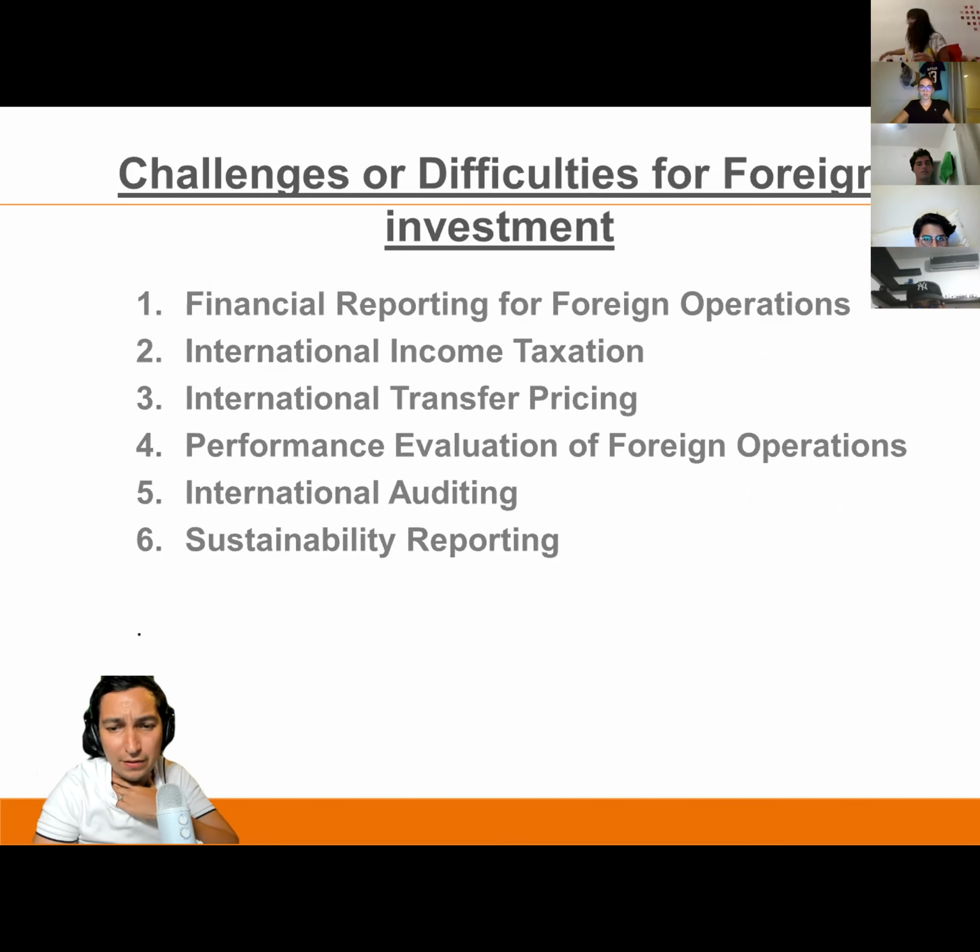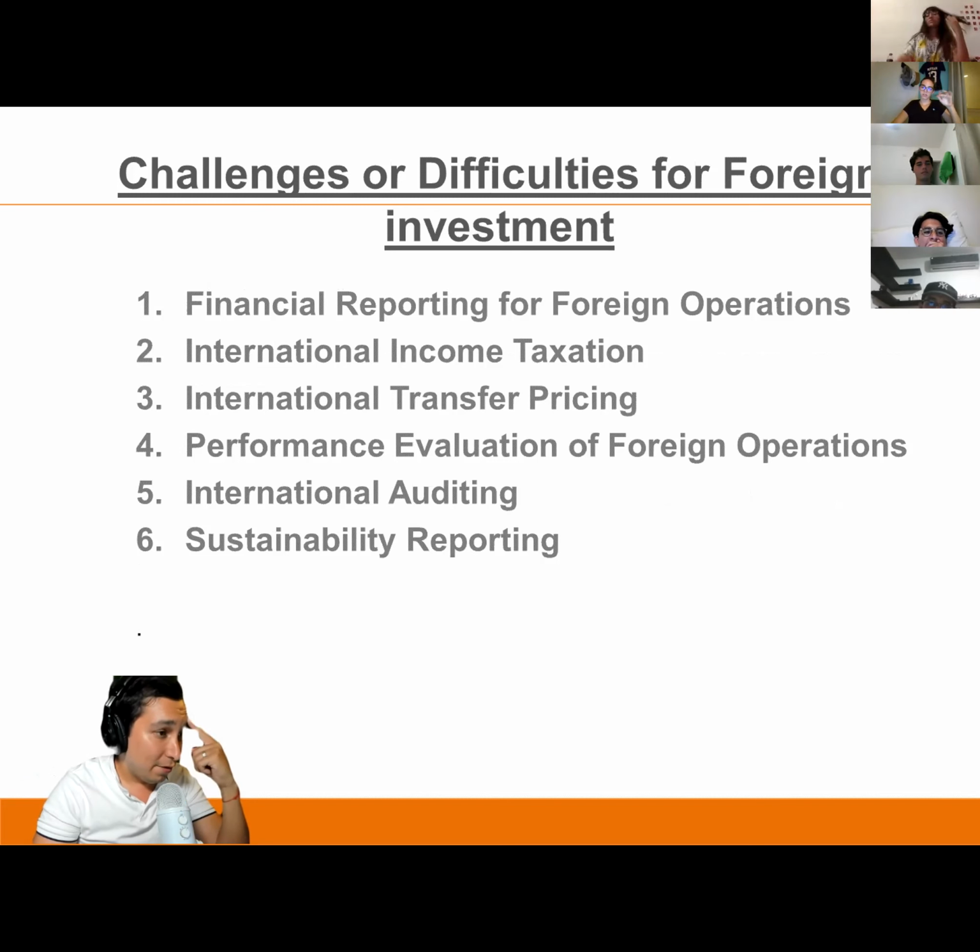So here are some of the main challenges and difficulties for foreign investment, guys. It's not just thinking, oh, I need to open a new office so I can start in the US market.